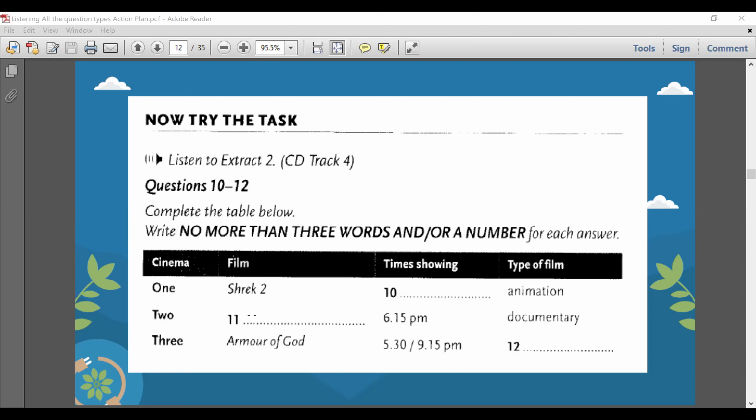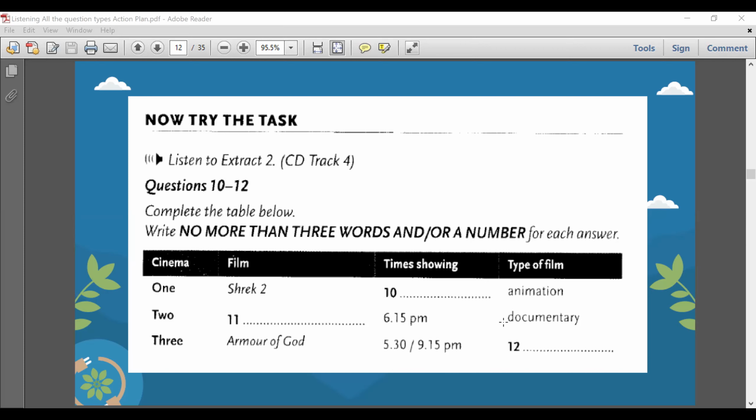In Cinema 2, we have the award-winning documentary The Long Journey, commencing at 6:15 p.m. Don't miss this extraordinary first-hand account. In Cinema 3, by popular demand, the Jackie Chan favourite Armour of God, commencing at 5:30 p.m. with a repeat performance at 9:15. This is Jackie Chan at his best in a classic action film.